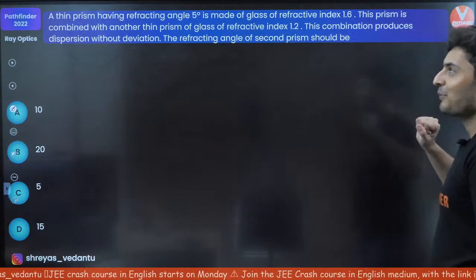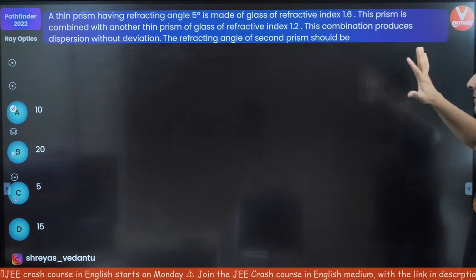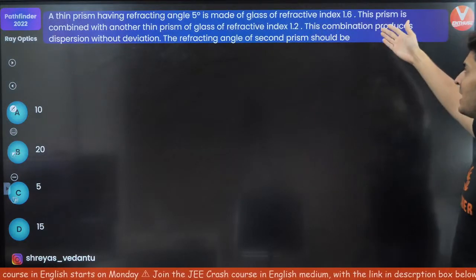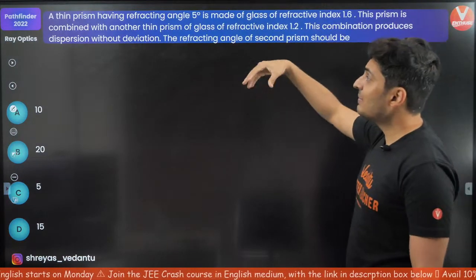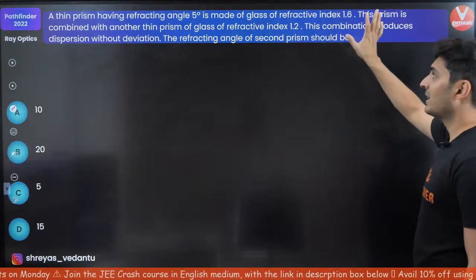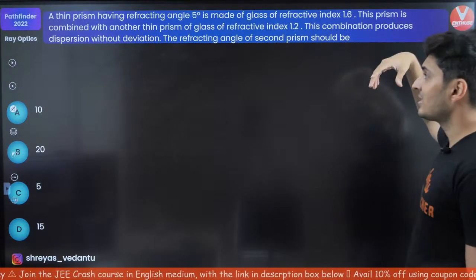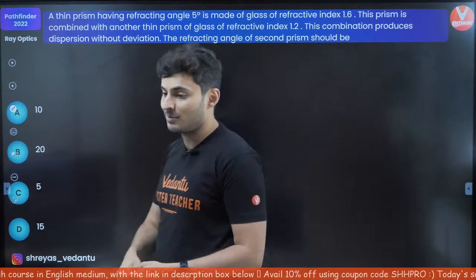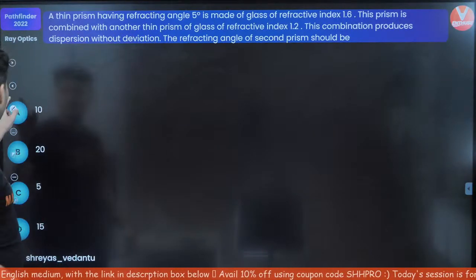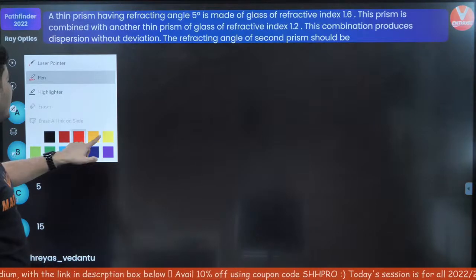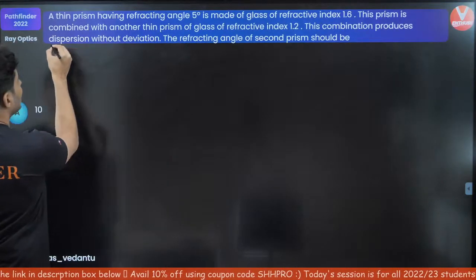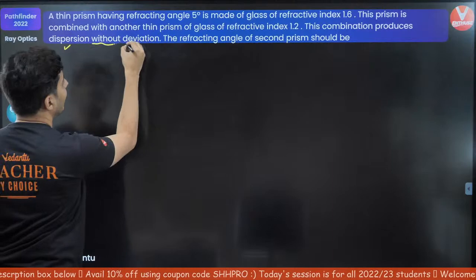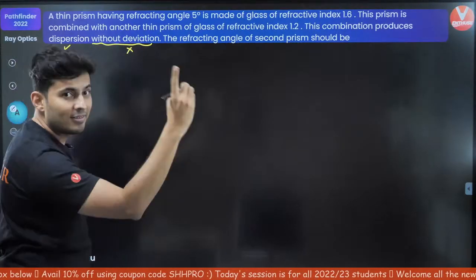A thin prism having some angle of refraction, that is angle of prism, is made of glass. Okay, the prism combined with another prism, refractive index 1.2, the combination gives dispersion without deviation. The angle of the second prism is. Okay, observe what is happening: dispersion, yes, without deviation, no deviation.